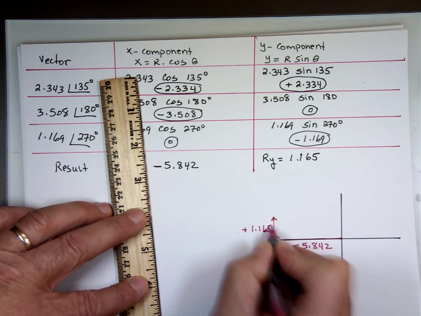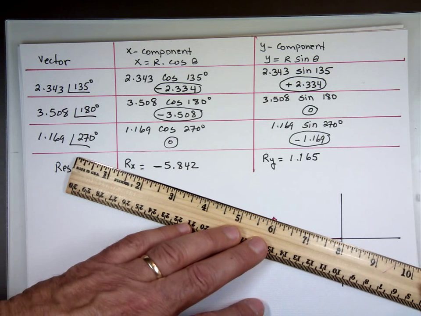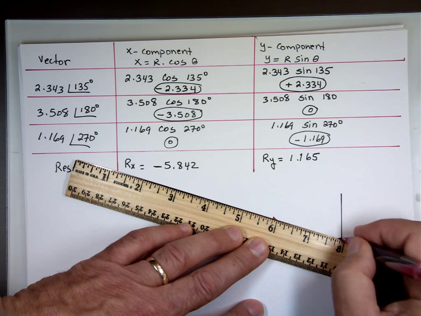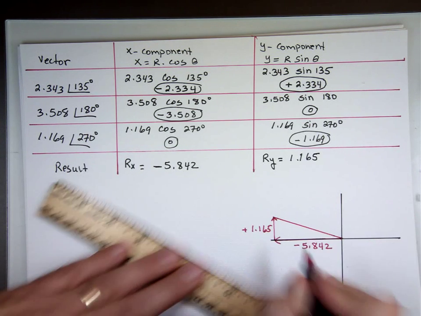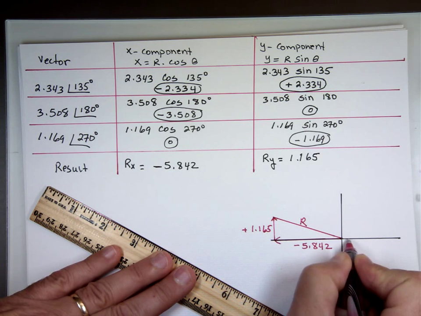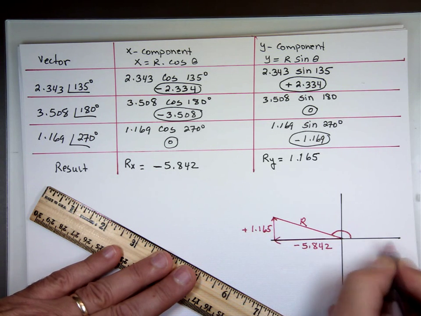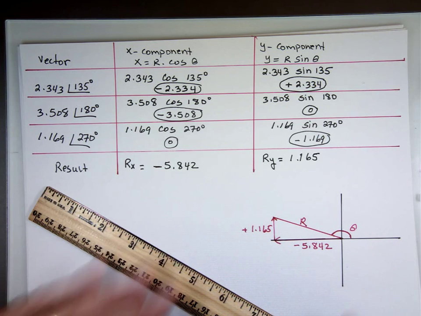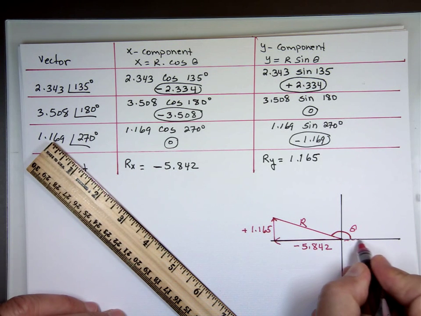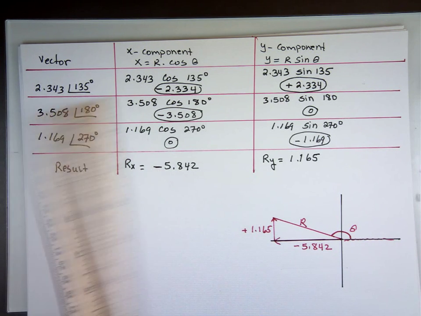And this is what you're trying to find. What is r and what's theta? I'm trying to find r and theta with respect to the positive x-axis. If they want it from somewhere else, I can figure that out after.